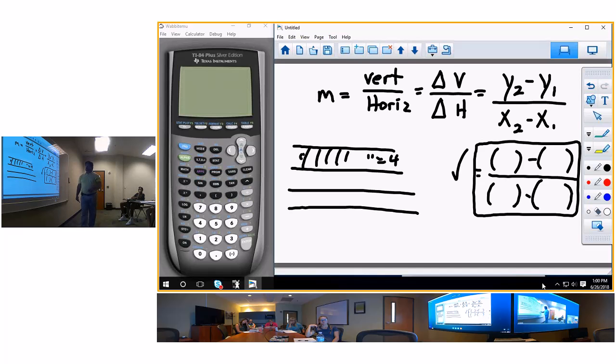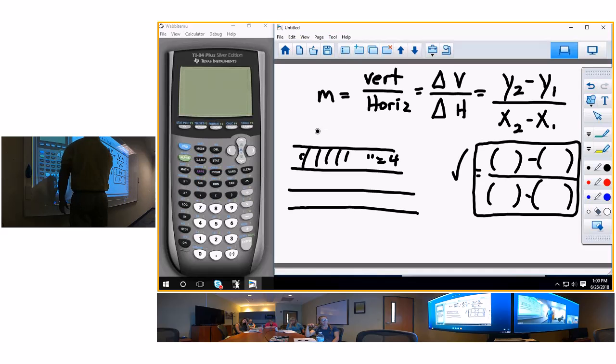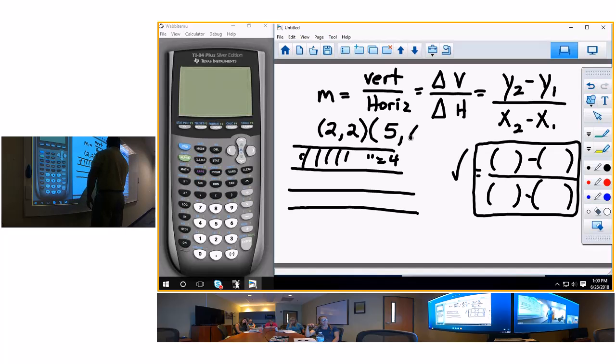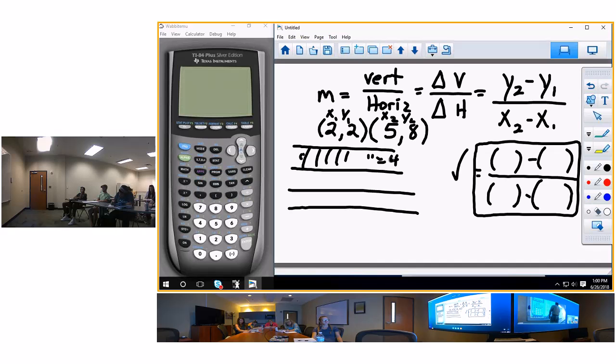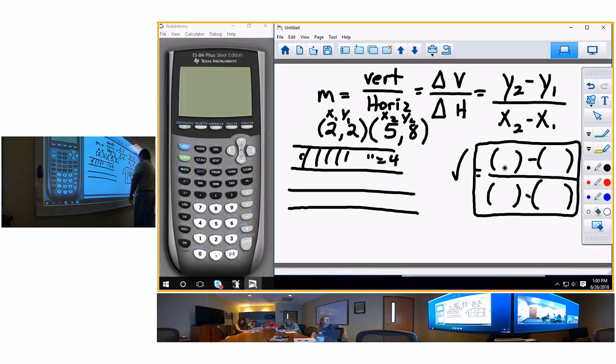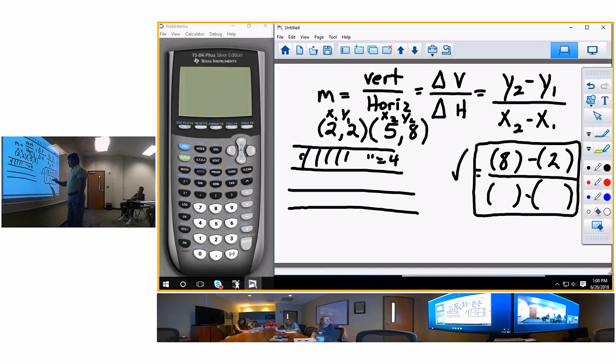All right, so let's take, I'm going to make up two points. 2, 2, and 5, 8. So, which way do we read? Left to right. X sub 1, y sub 1, x sub 2, y sub 2. Y sub 2 is 8. Y sub 1 is what? 2. X sub 2, 5. X sub 1, 2.